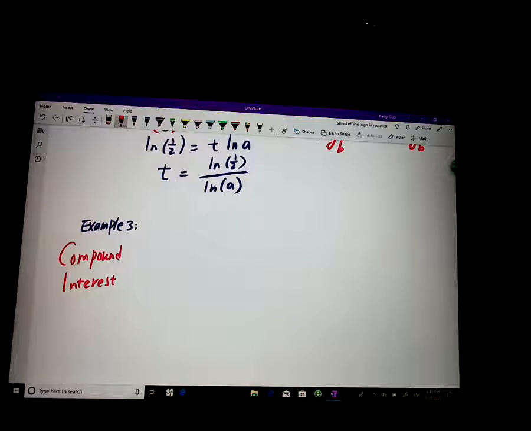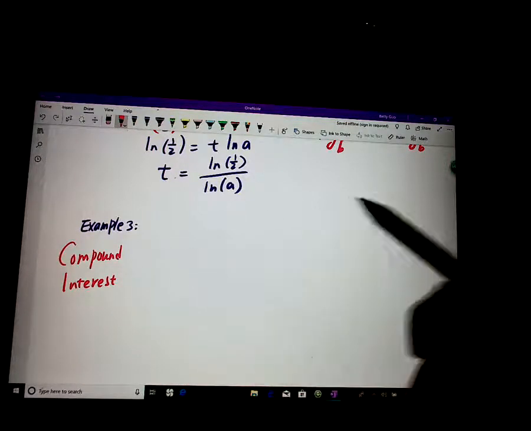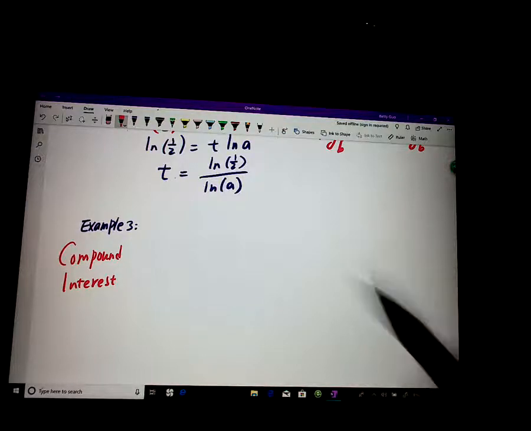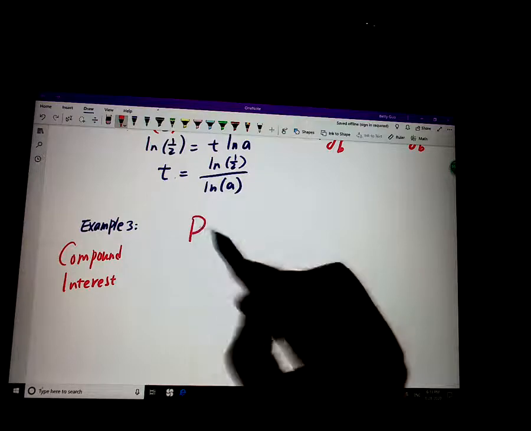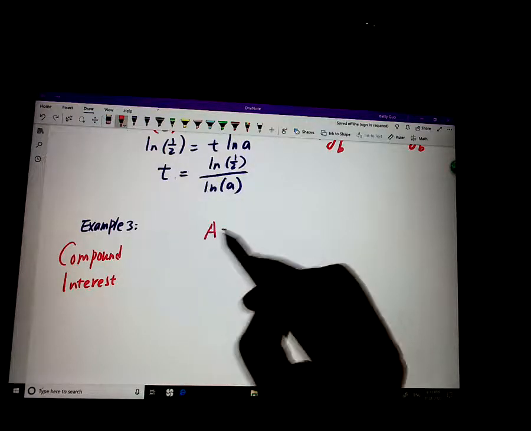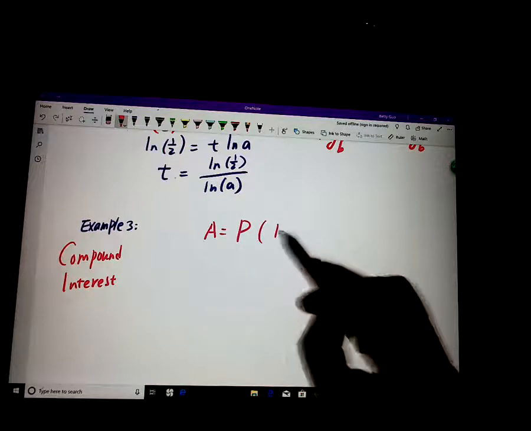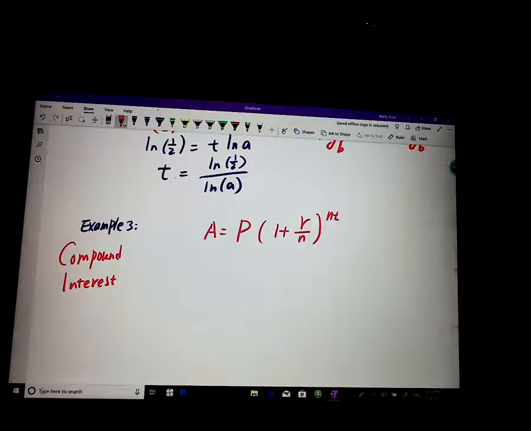Okay, so in Algebra 2, you have learned compound interest. You should know the two formulas. The first formula: A equals P times 1 plus r over n, to the power of n times t.